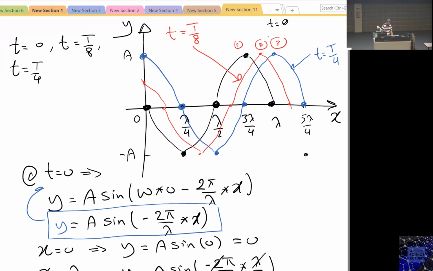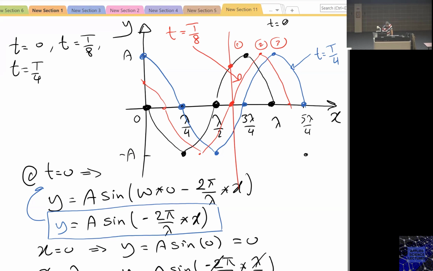Now, if you look at one position, let me draw this line here. At one position on the x-axis in space, what can you notice here? You can notice that at t equals 0, this position was at this location. At t equals T over 8, it went down to here.